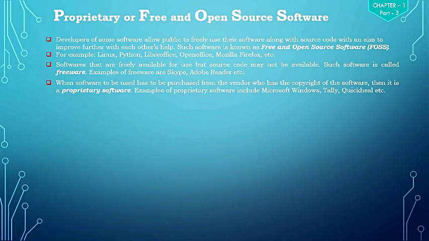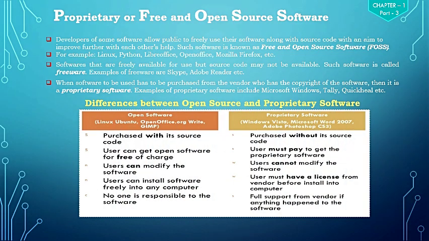Now let's see the major differences between open source and proprietary software. With this table we can see the difference. Before that, let's take some examples. Open source software are like Linux, Ubuntu. Ubuntu is a version of Linux only. So Linux, Ubuntu, OpenOffice.org Writer, then GIMP.